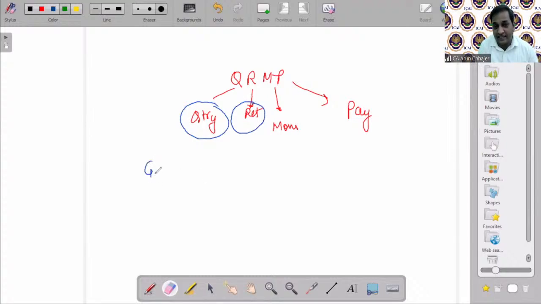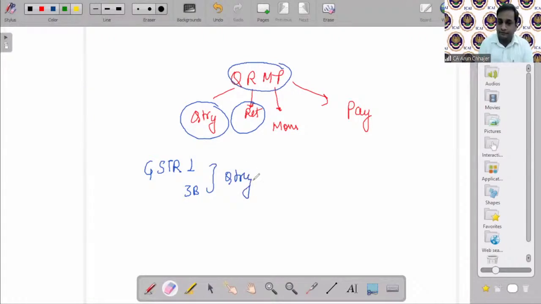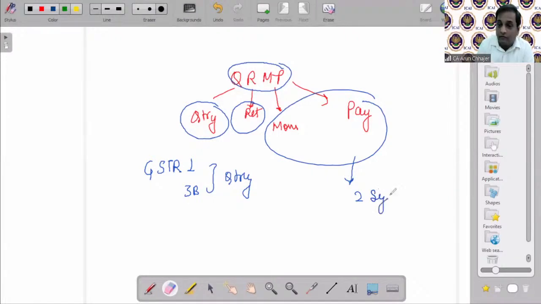So what would be the frequency of GSTR1 for those taxpayers who have opted for QRMP? The GSTR1 and 3B frequency would be quarterly. But whatever tax is due has to be paid monthly. There are two systems: one is the fixed sum method and the second is the self-assessment method. We will discuss them in detail in a later part of today's class.